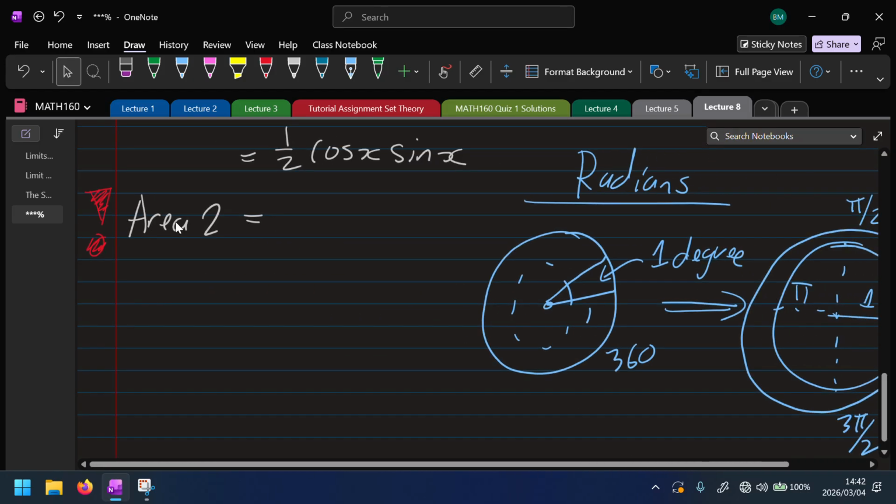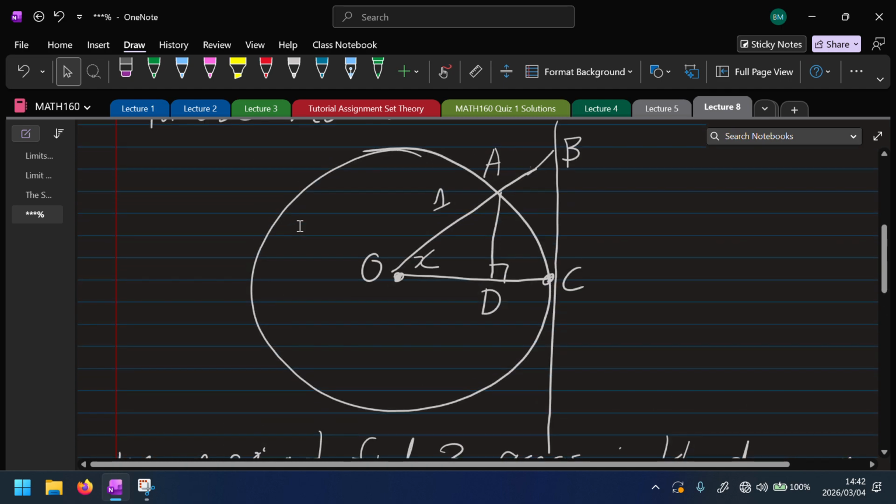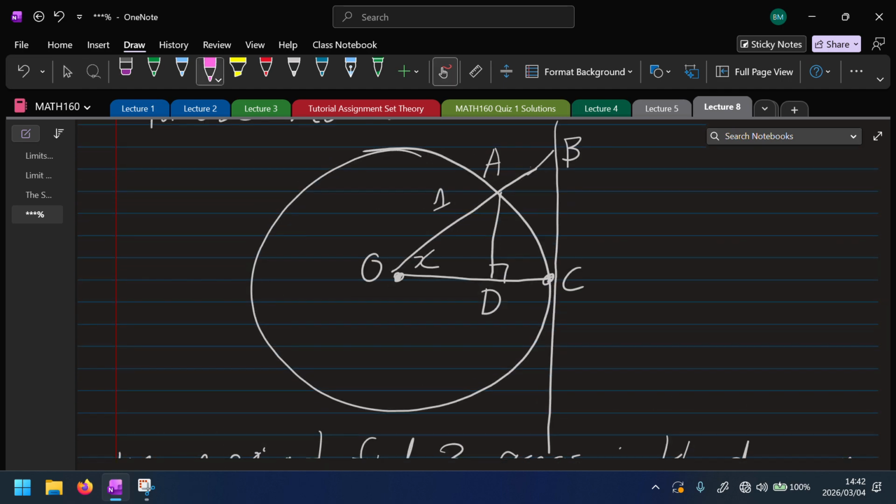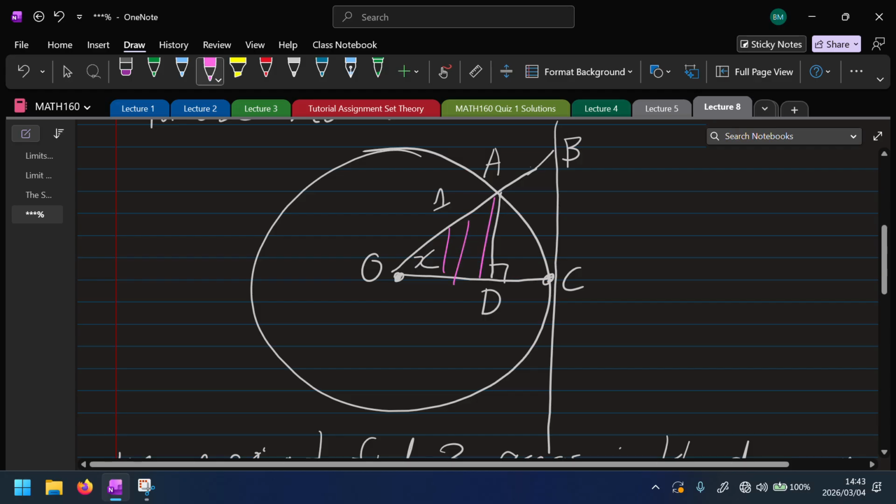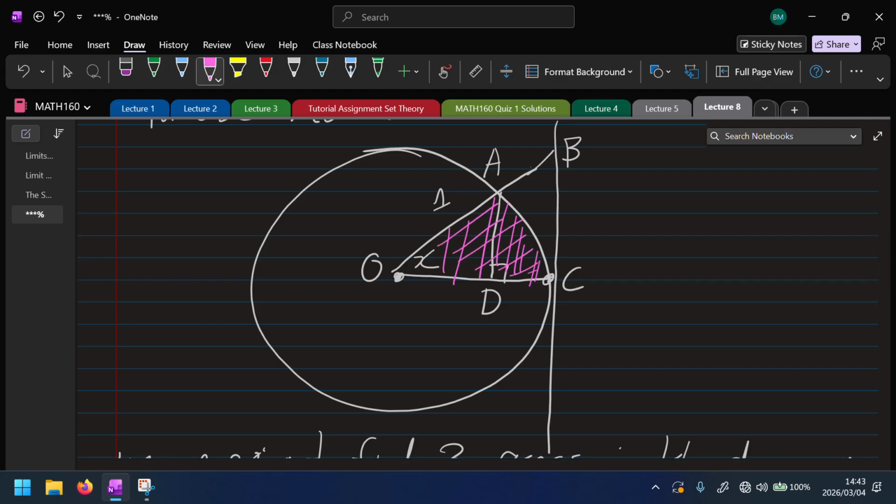Okay, so area 2 is the area of this pizza slice. Let's shade it in here. Okay, so that pink pizza slice there. What is the area of the whole pizza? Pi r squared. The radius is 1, so the full area is?